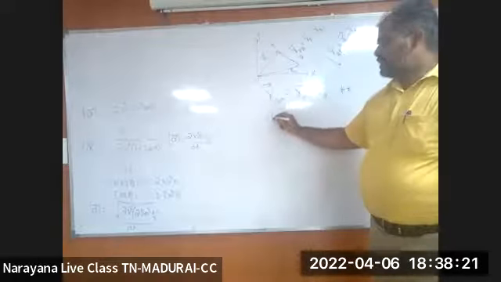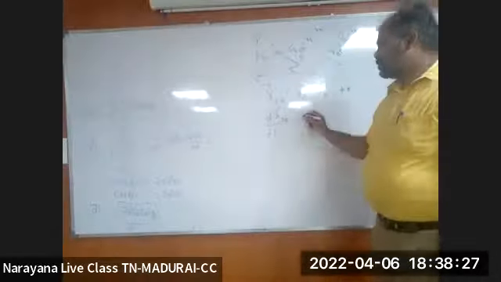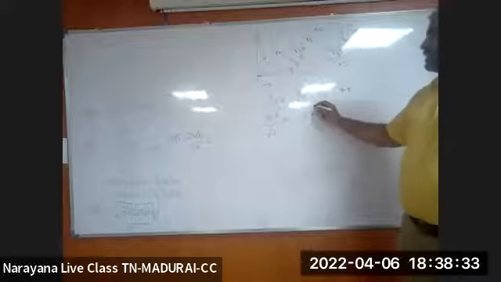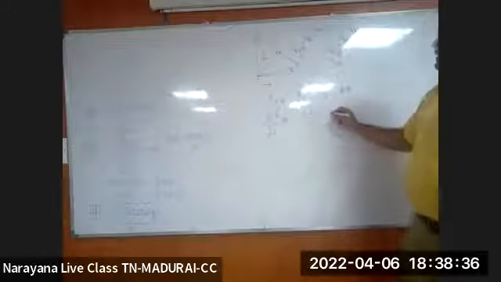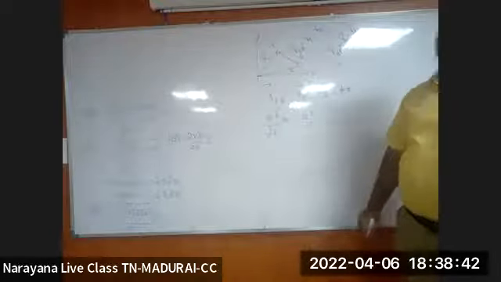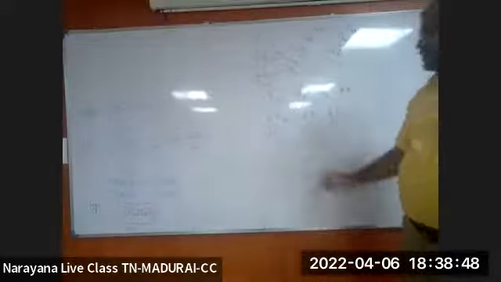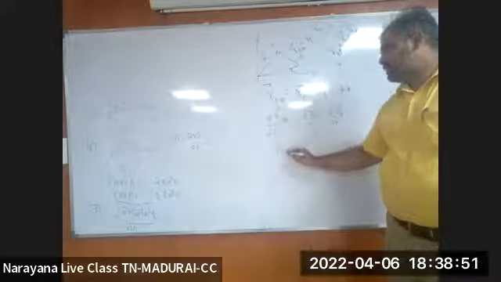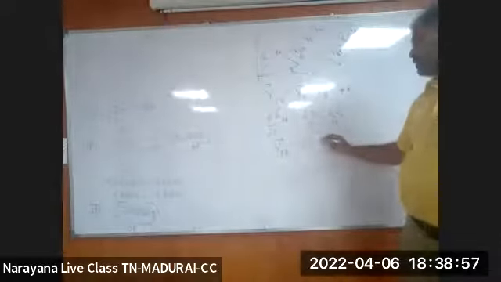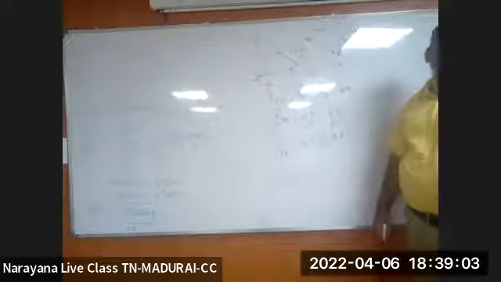I can write: change in position of the person P with respect to Q with respect to time equals change in position of the person P with respect to time minus change in position of the person Q with respect to time. What is change in position by change in time? Very good. Displacement by time, velocity. So I can write velocity of the person P with respect to Q equals velocity of the person P minus velocity of the person Q. These are all called relative equations of motion.